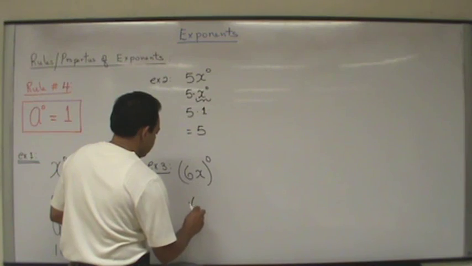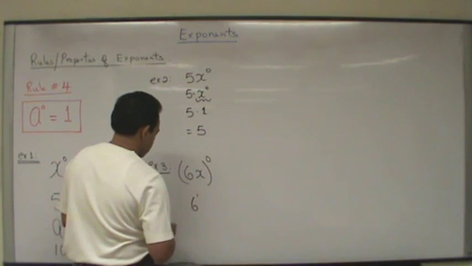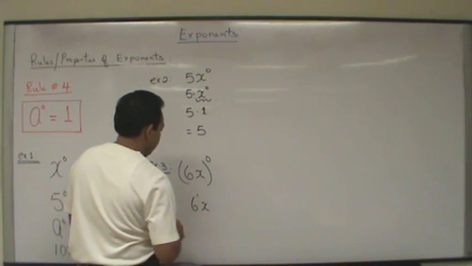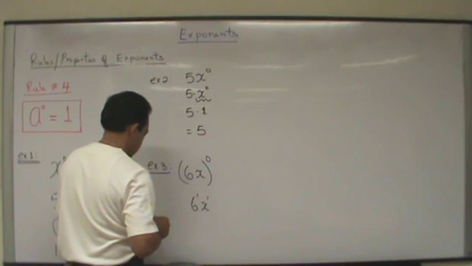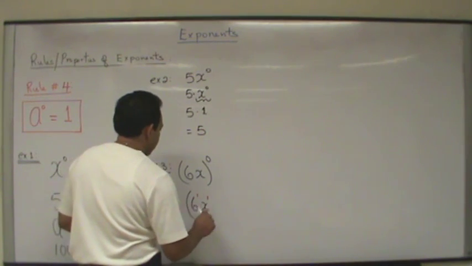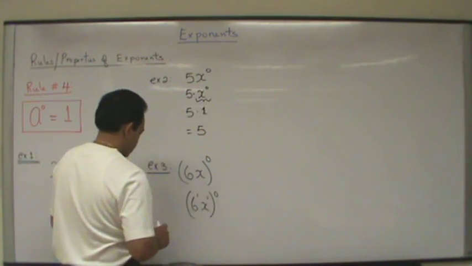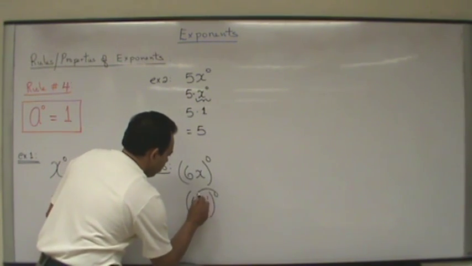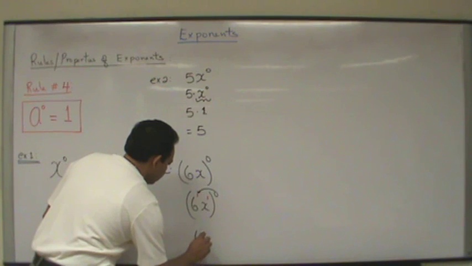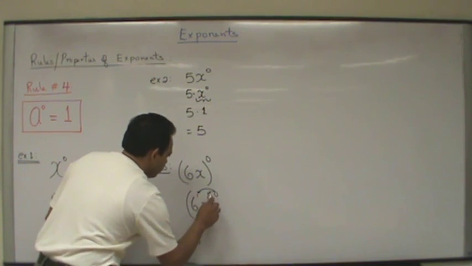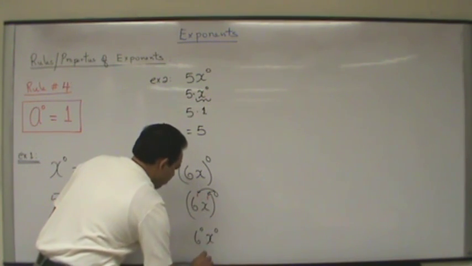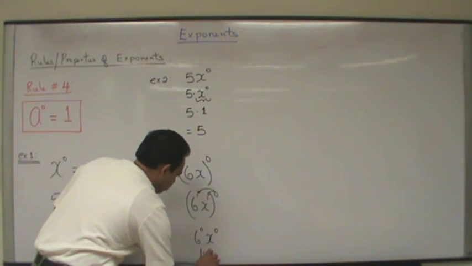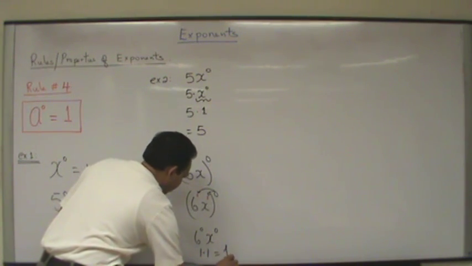It is 6 to the first power, x to the first power, all of that raised to the 0. And then I can distribute. So 0 times 1 becomes 6 to the 0. 0 times 1 becomes x to the 0. And we know this is 1. 1 times 1. And the final answer is 1.